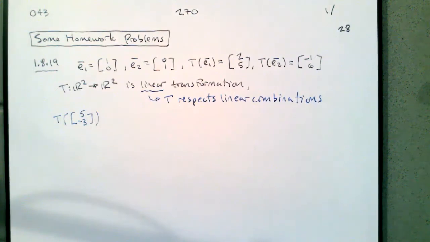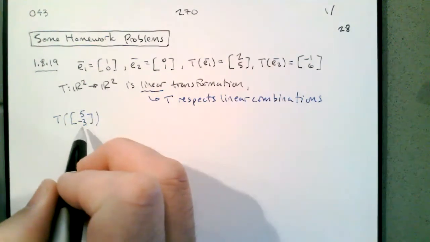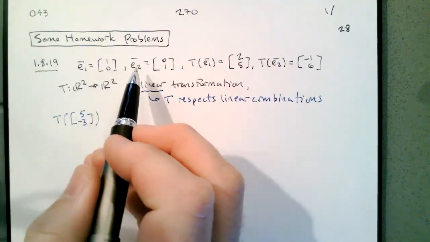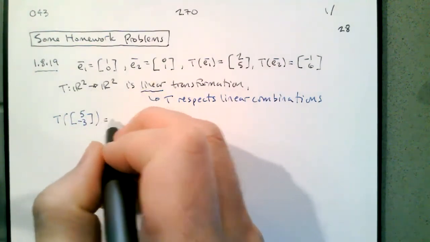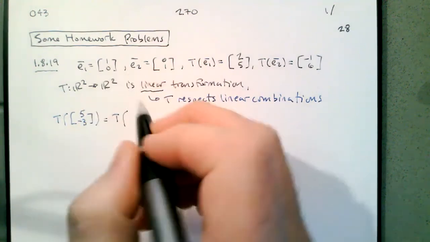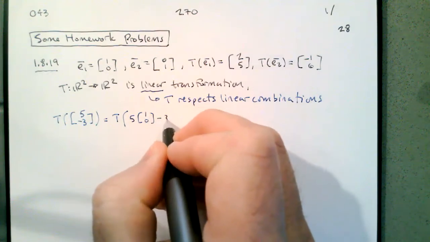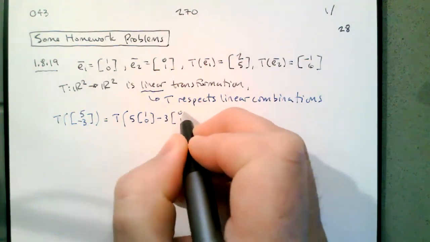Since we know what T does to (1, 0) and (0, 1), I can write (5, -3) as a linear combination of the vectors e1 and e2. So this is going to be T of 5 times e1 minus 3 times (0, 1).